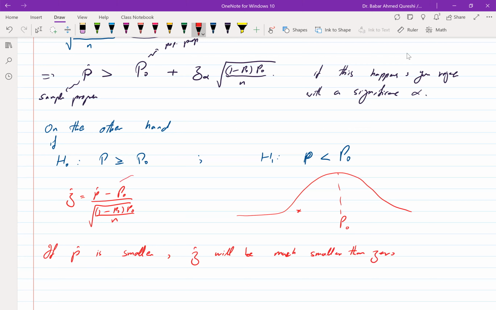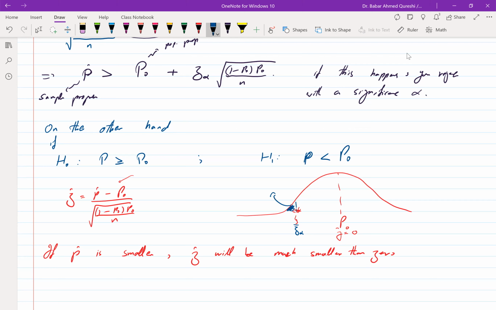If p hat is smaller than p naught, then z hat would be much smaller than 0, negative, because z hat is centered around 0, and you will see a value here, which I can call z bar alpha, where this area is alpha.